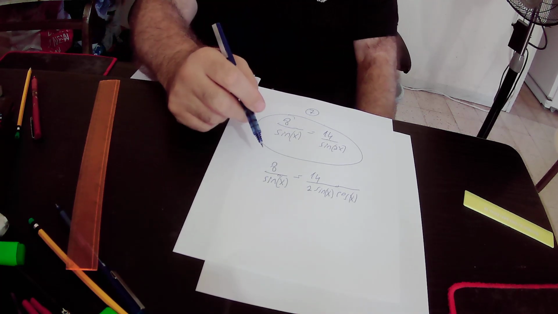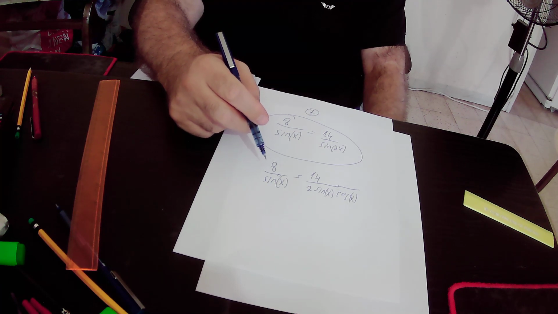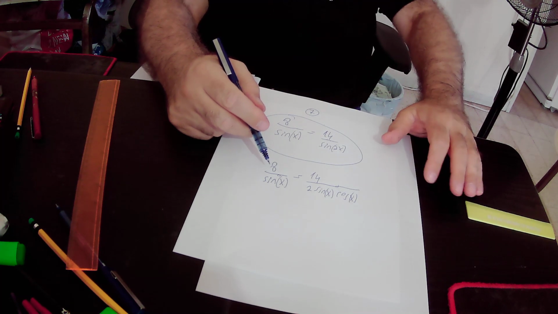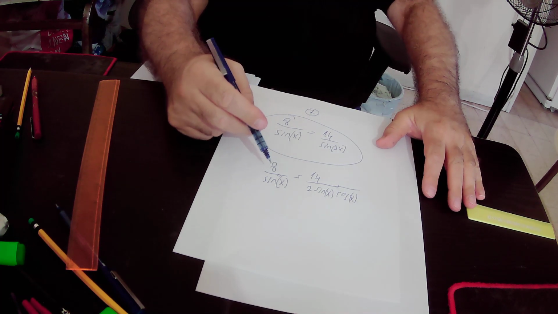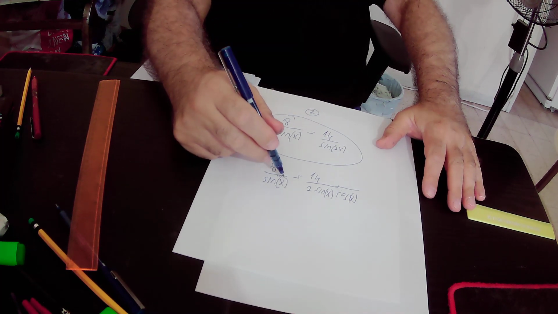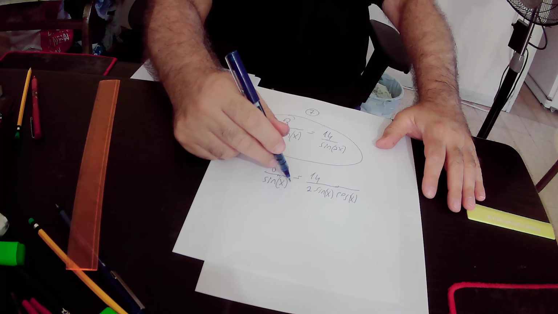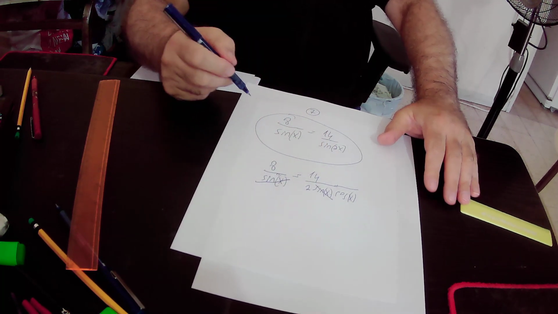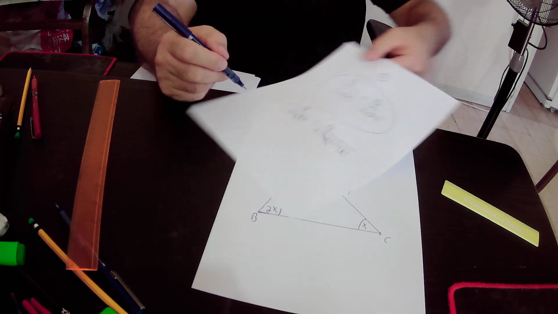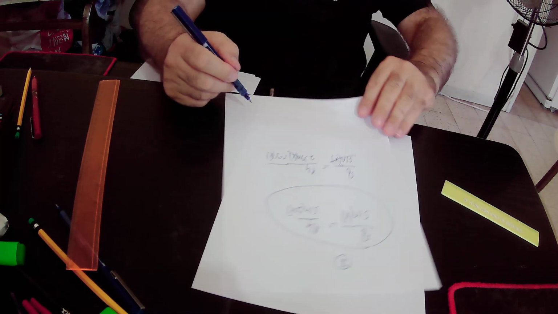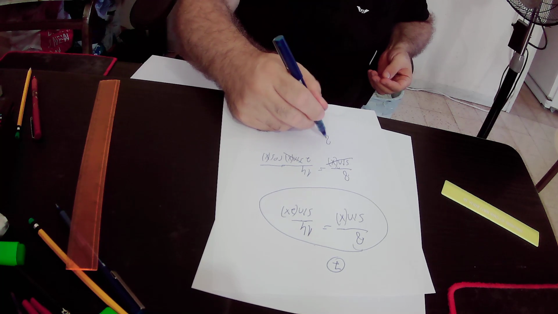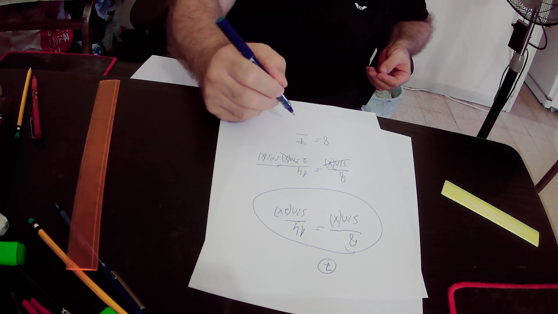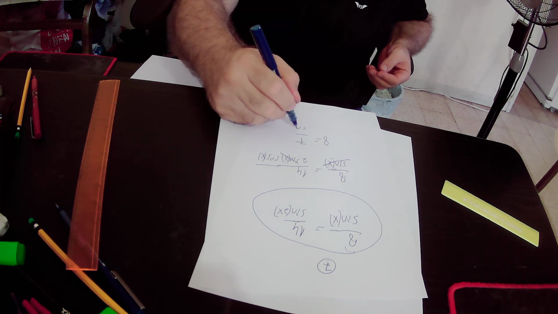Here we can cancel sine x in the denominator because we have sine x on both sides of the equation, and we will get that 8 equals 14 over 2, which is 7, over cosine x.